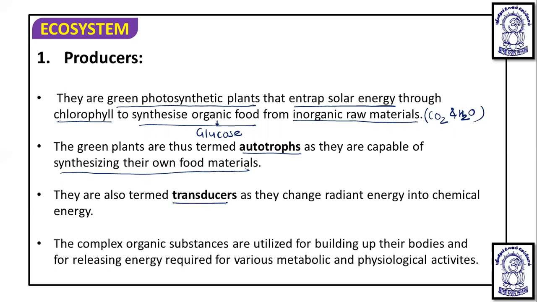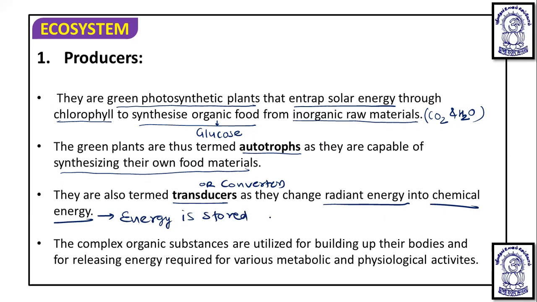And they are also termed as transducers or converters, as they convert or change radiant energy or light energy into chemical energy. They convert the solar energy into chemical energy, and that is stored in the bonds of sugar.